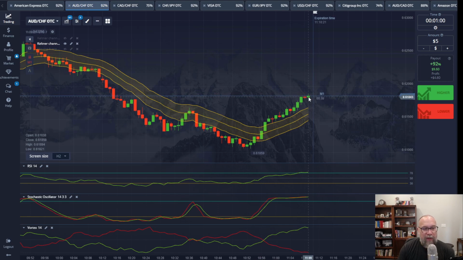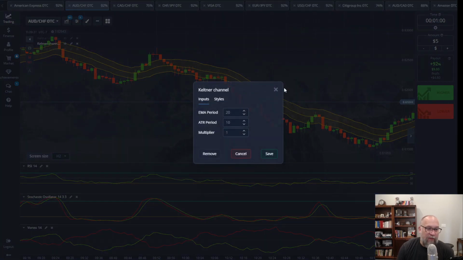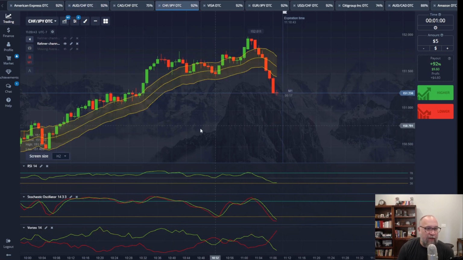And now as that goes up, I'm only going to care if it comes back down to the mean, if it drops a full candle, actually has body below this second line. I think it's just a multiplier of 1. So basically anything below that. Let me switch assets just to give you a better view.